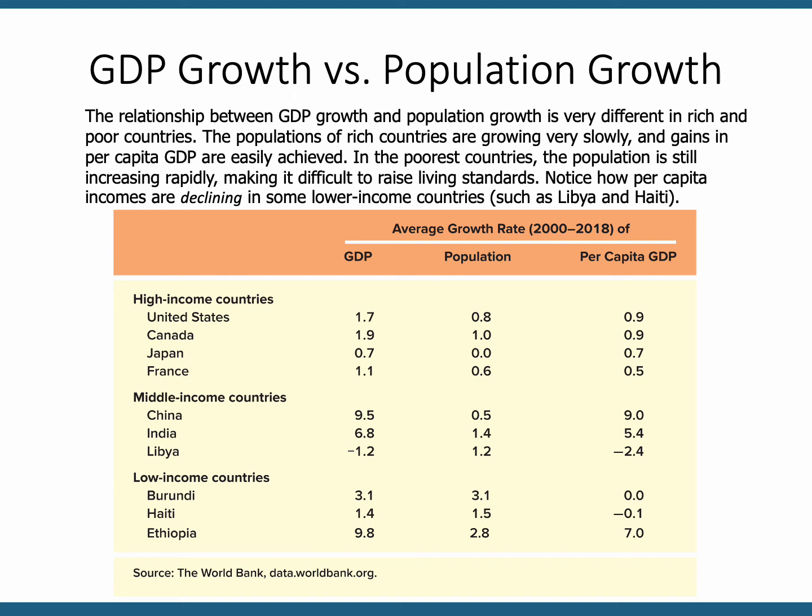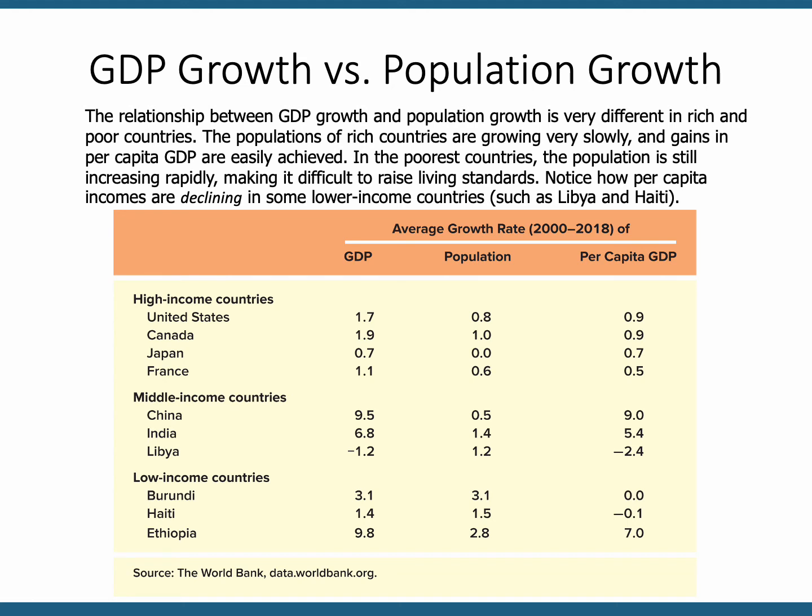Again, that was an unusual span of years because we had that one large decrease in GDP, that big recession in the middle of those years. And you can see, comparing ourselves to Canada, comparable, Japan, similar, France, we are considered high-income countries. Look at the low-income countries where you have higher population growth rates.